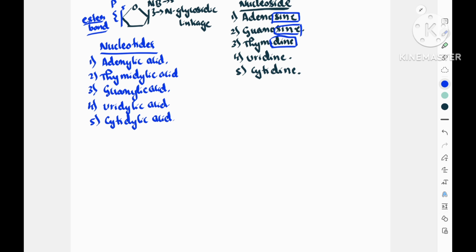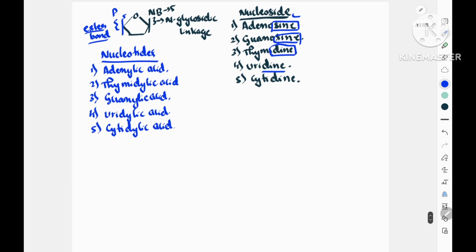Thymidine, cytidine, uridine, if it ends like this, then it is called a nucleoside. One more trick to remember the names of nucleotides is that the phosphate group is derived from phosphoric acid, right? So if phosphoric acid gets linked with a pentose sugar, then it will form an acid. So if acid comes, then it is a nucleotide. If there is no acid, then it is a nucleoside. So that is one way of remembering the names.